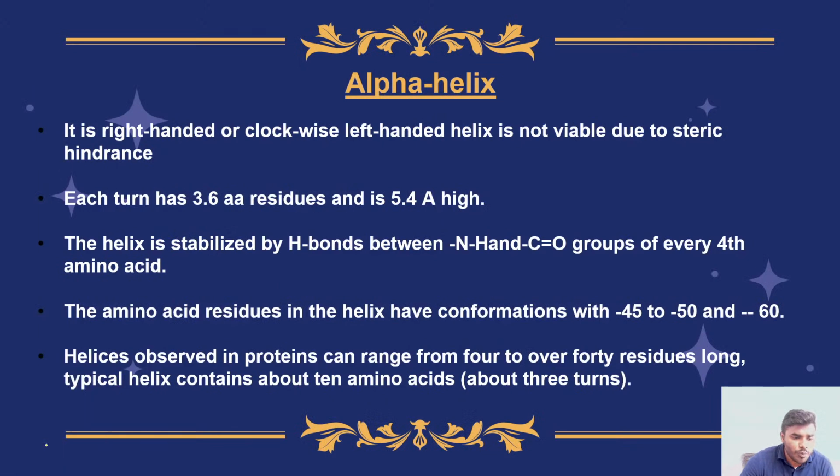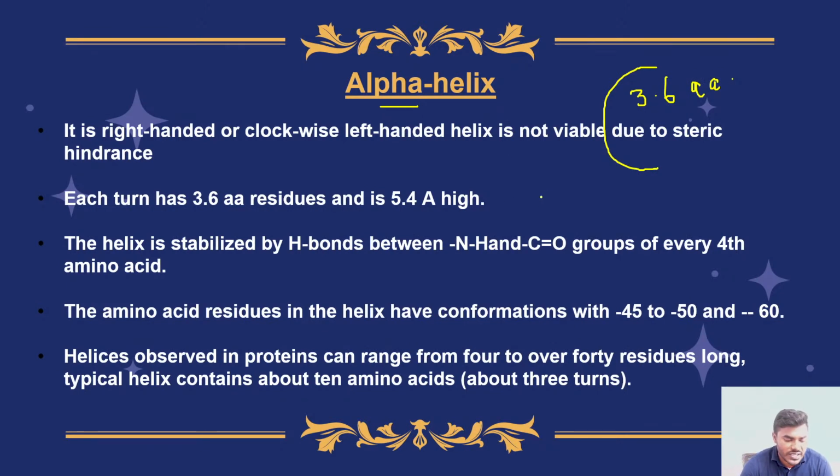I hope everyone remembered what I told you in the last class. We discussed very clearly that one turn of a helix contains how many amino acids? We discussed that 3.6 amino acids will be present.